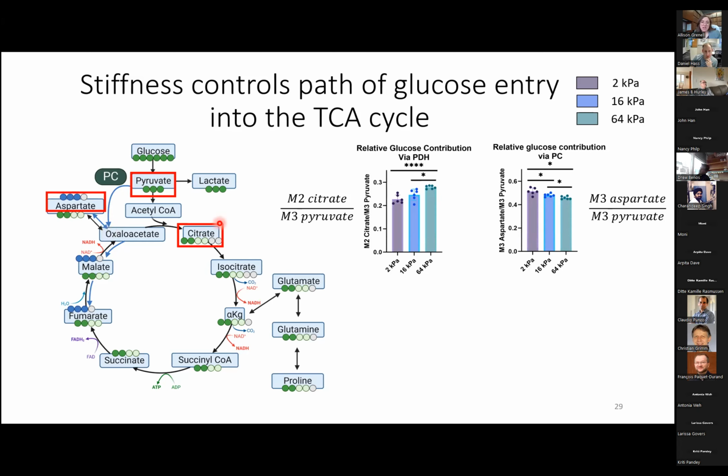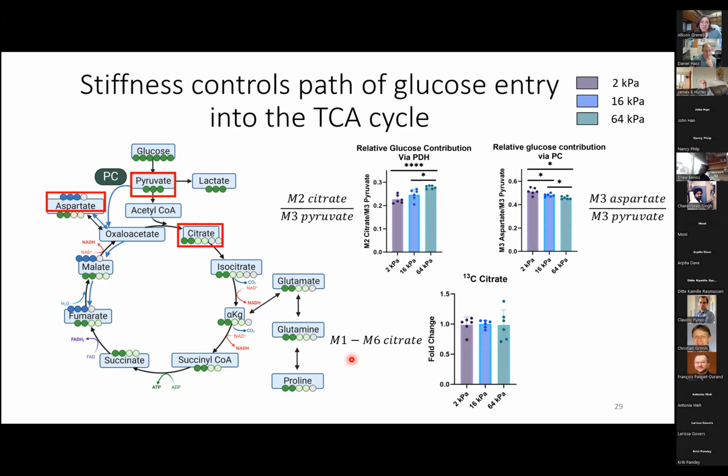And then to try to understand the total contribution to the TCA cycle, I looked at the amount of labeled citrate that was present. And I didn't find that there was any difference here. So this suggests that there's no change in the overall glucose contribution to the TCA cycle, although there is a change in the route at which the glucose is entering the TCA cycle.